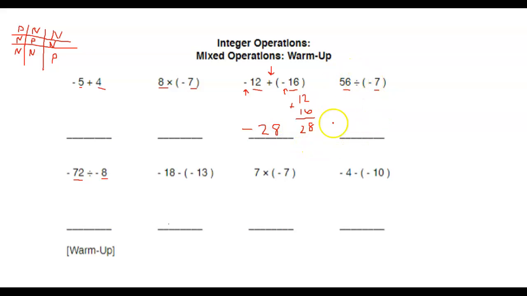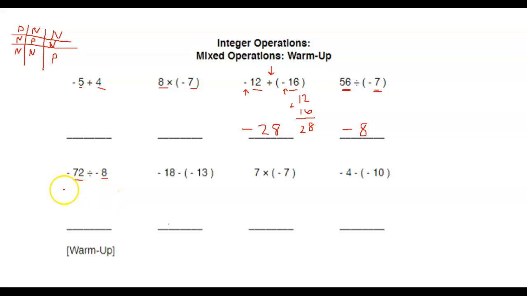All right, for the next one, guys, this is division. I'm going to divide like normal. 56 divided by 7 like normal would be an 8. Now I'm going to use my chart. I got a positive and I got a negative, so that's going to give me a negative.